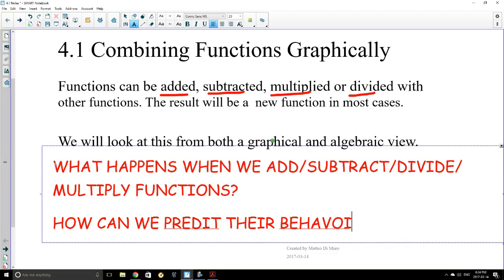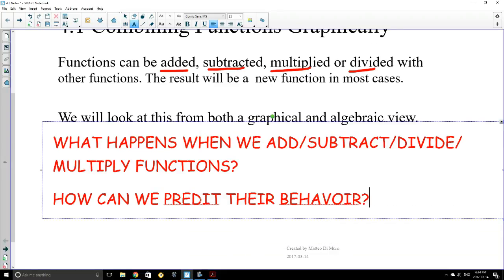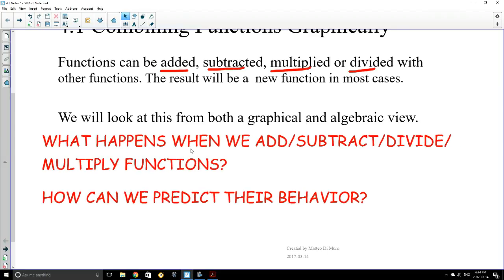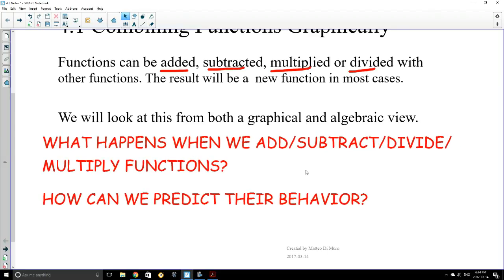How do you spell behavior? Let's go with that. There we go. So yeah, this is what we're doing today. What happens when we add, subtract, divide, or multiply functions, and how can we predict their behavior?